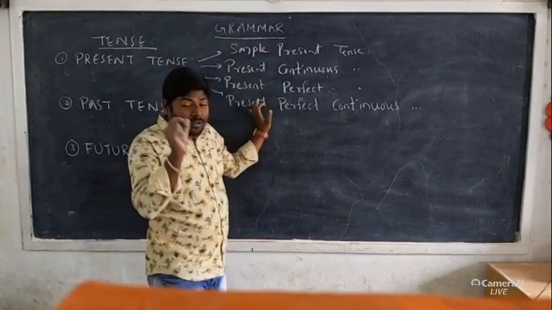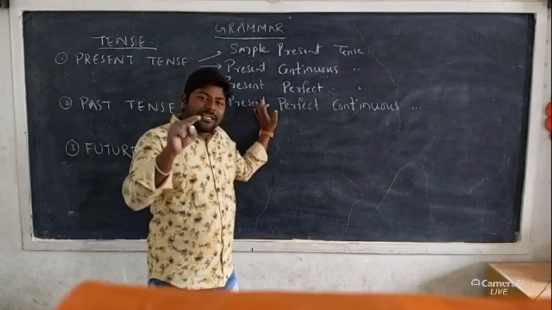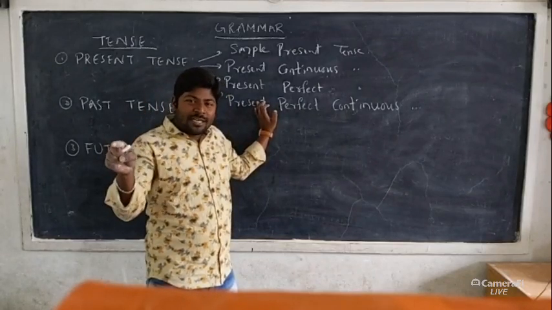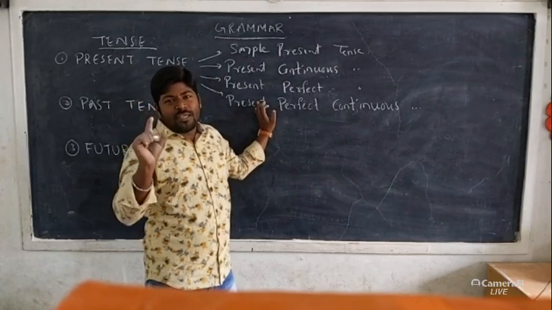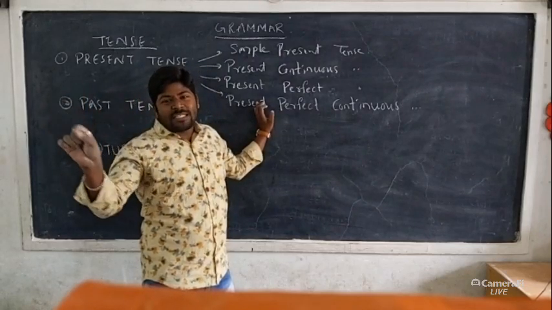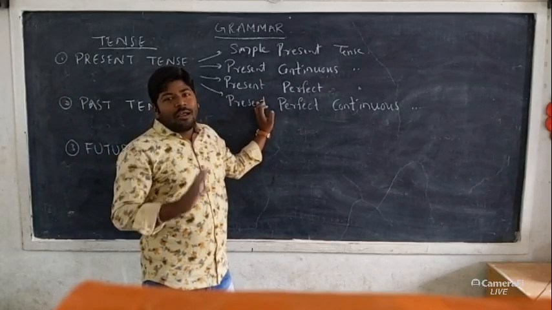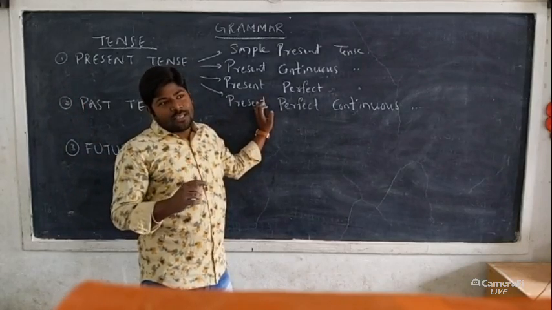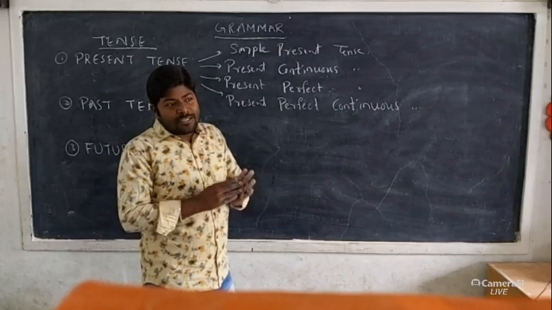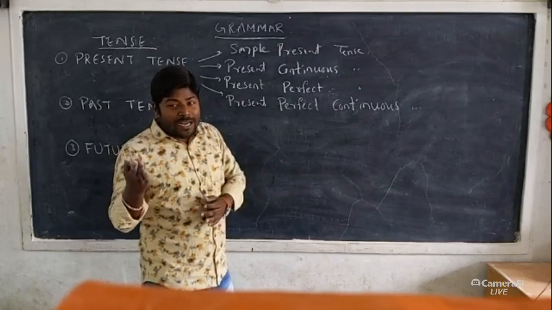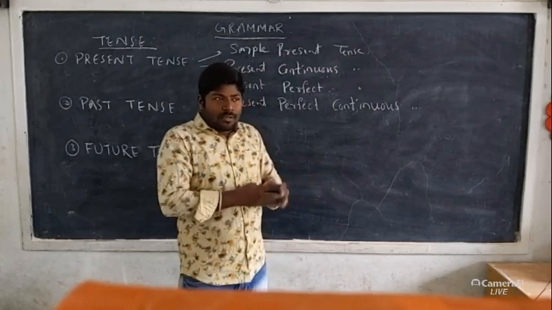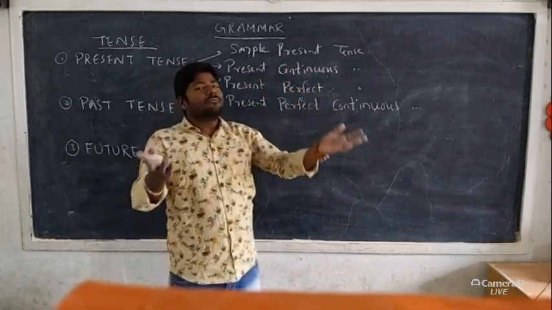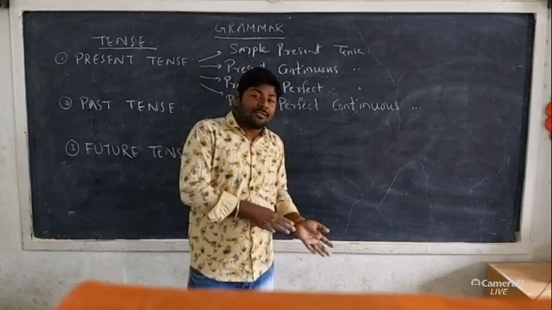We should learn each tense, its structure and its definition, so that we can prepare different kinds of sentences in different tenses. Definition is necessary. Why? Because to identify in which situation what tense we use. If we have a clear idea, then we can prepare a sentence in any tense.